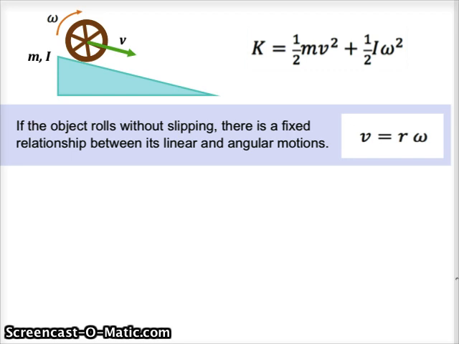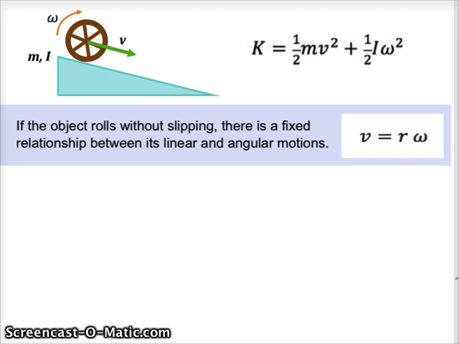If it slips, then there's no particular relationship, and so you can't make that assumption. But look for that phrase, rolls without slipping, or a situation where there's enough friction to keep things rolling.